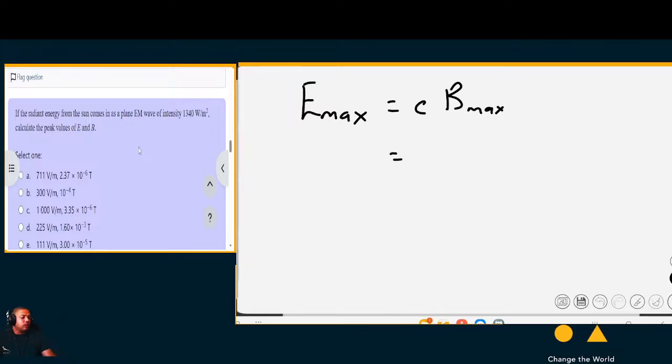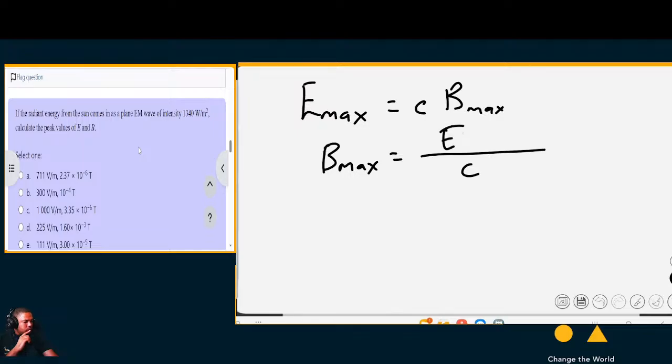Maxwell showed first that the speed of an EM wave should be specifically just c. So to find B max, you just take your E max value and divide it by the speed of light. These formulas, by the way, are in your book.